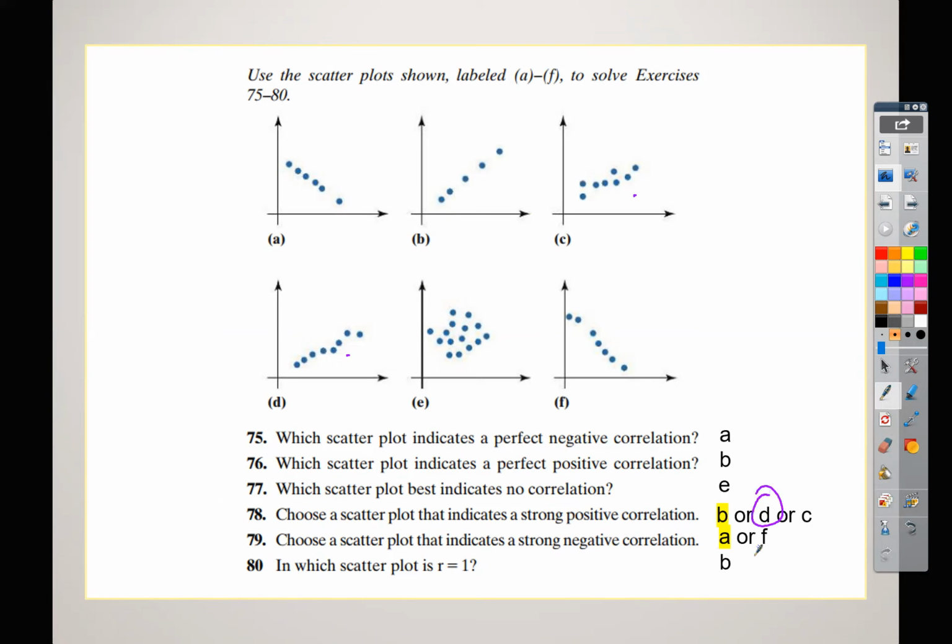Actually, I would say probably D for a strong positive. Choose a scatter plot that indicates a strong negative. We said A was a perfect negative, so F would be a pretty strong negative correlation. In which scatter plot is r equal to 1? That would be the perfect positive correlation.